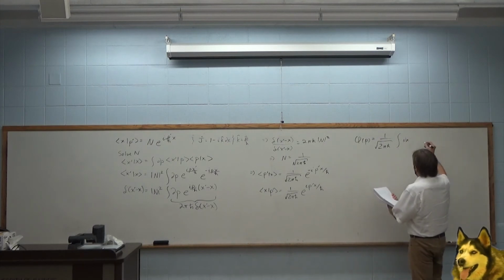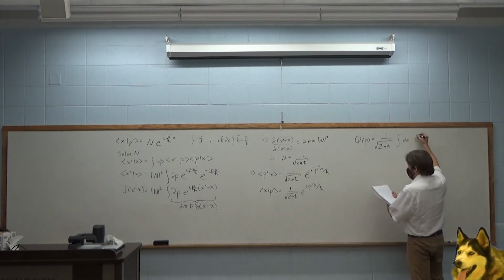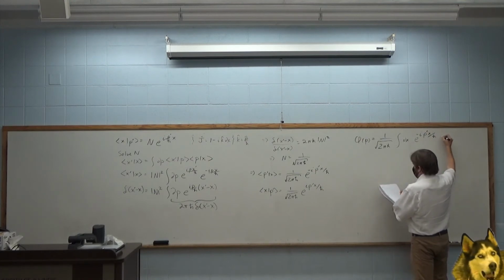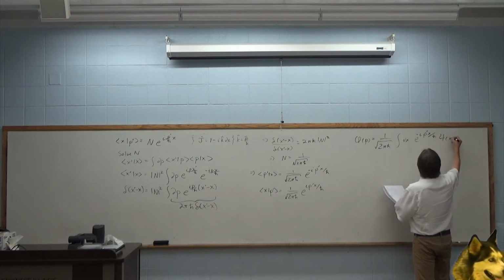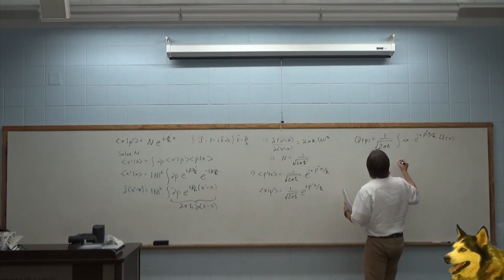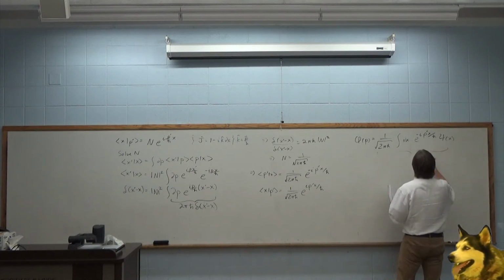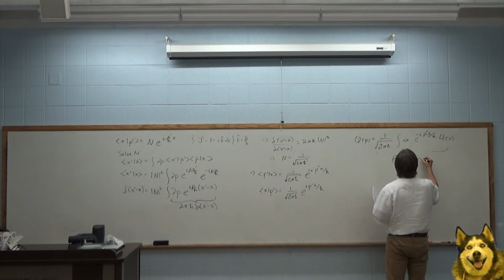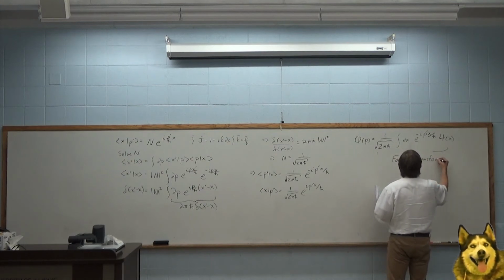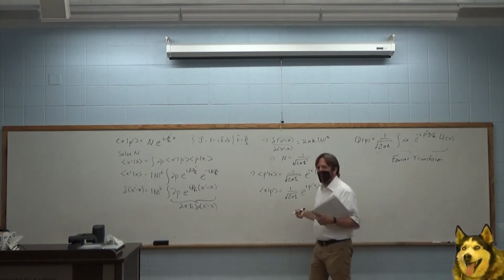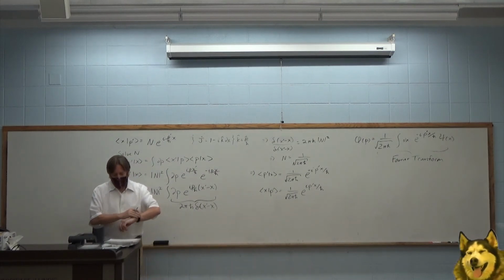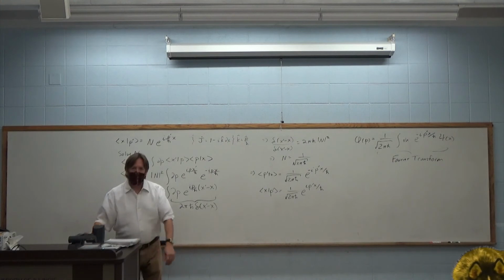So here's our factor, so you see our normalization-preserving deal. And this is a Fourier transform, just like, harking back to the first homework, Fourier transforms. Fourier transforms are pretty awesome.